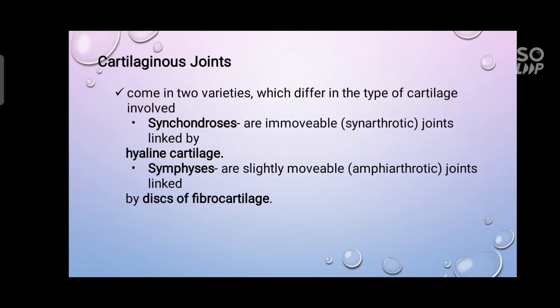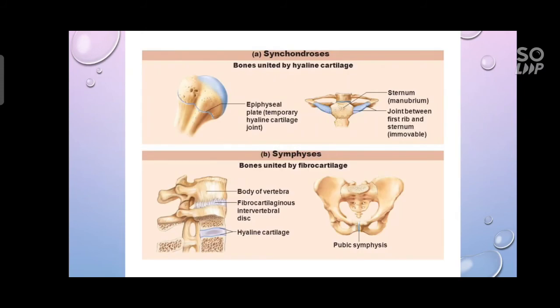Cartilaginous joints come in two varieties which differ in the type of cartilage involved. The first one is synchondroses, or the bones united by a hyaline cartilage. An example of that is the epiphyseal plate, or the temporary hyaline cartilage joint.